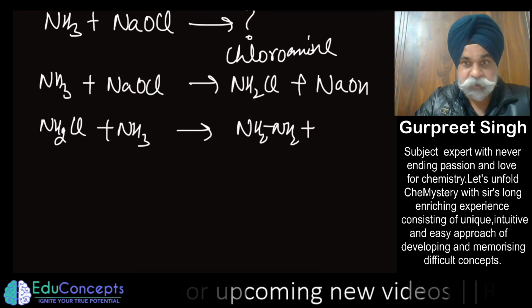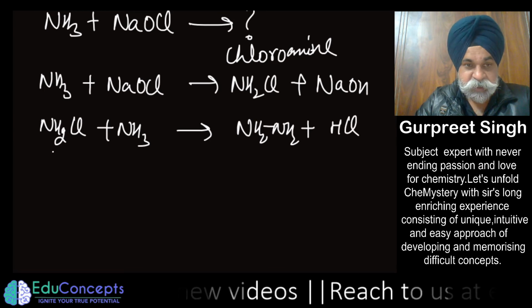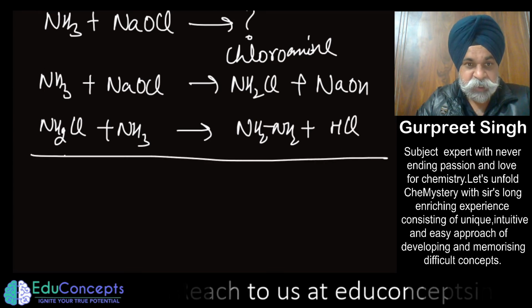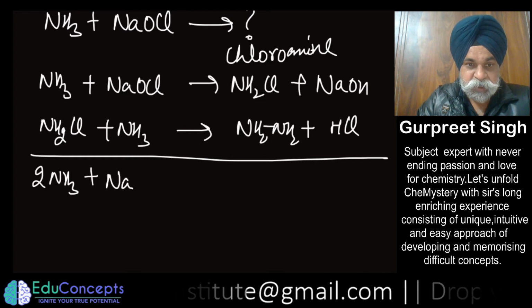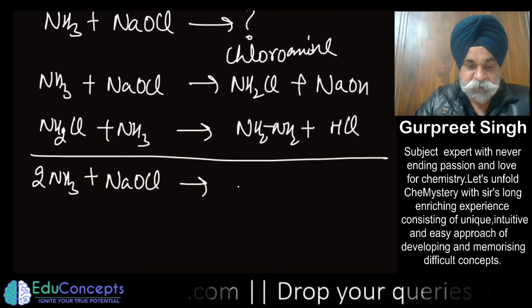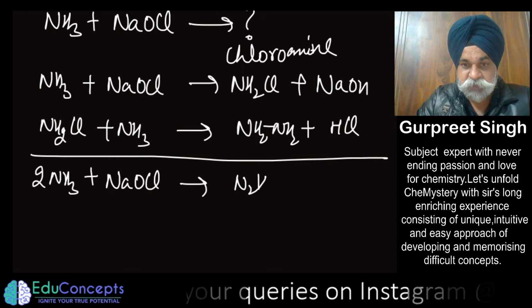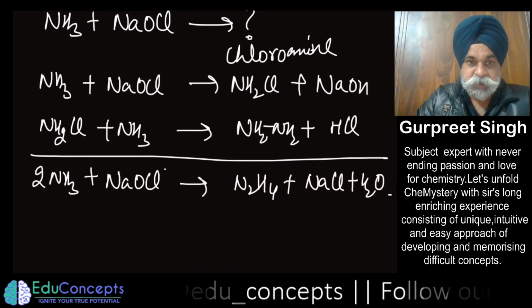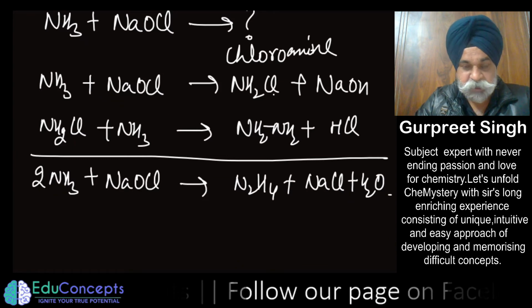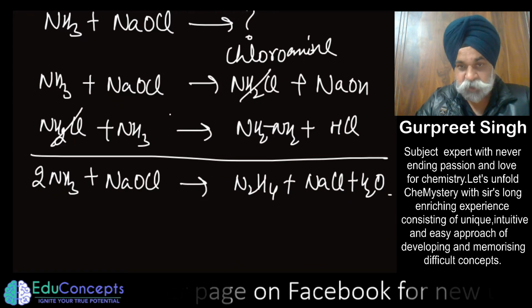Now if we add them together, you would get 2 ammonia and sodium hypochlorite, and this would give you hydrazine along with NaCl plus water. This got cancelled on addition.